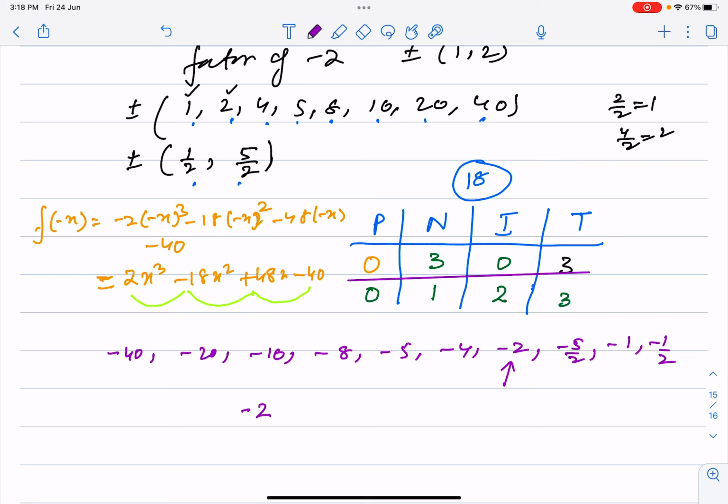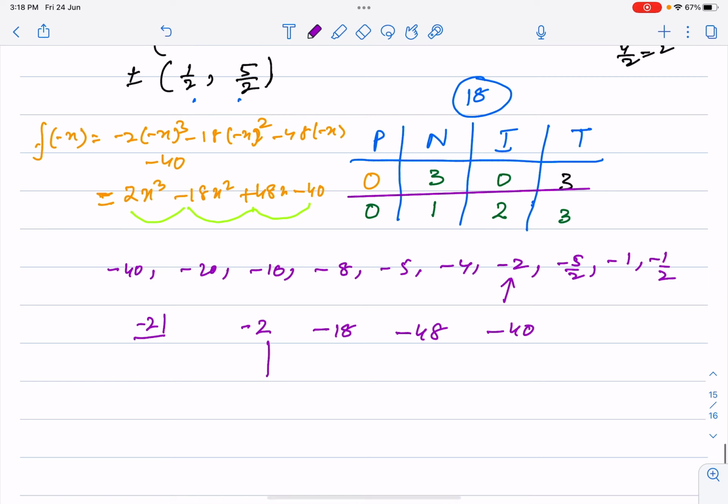These are the coefficients, leading coefficients of all the terms. Minus 48, then minus 40. We are taking minus 2. Let us try to see. Bring minus 2 over here. Multiply minus 2 with minus 2. It becomes 4. Place 4 over here.